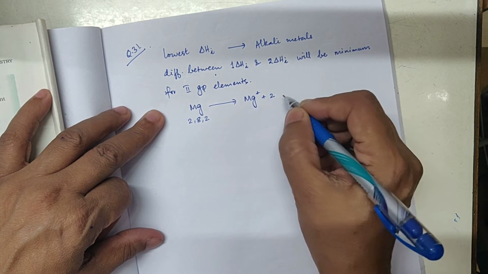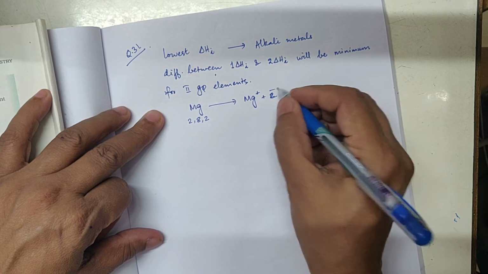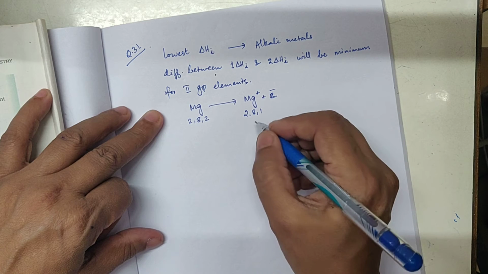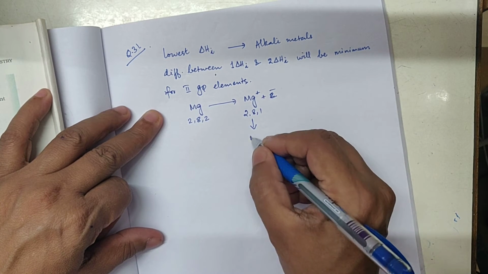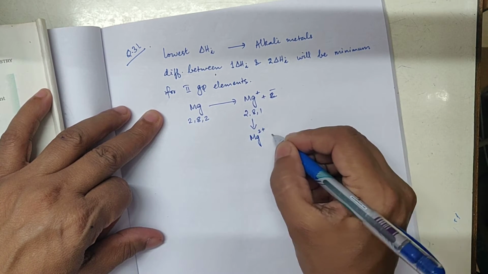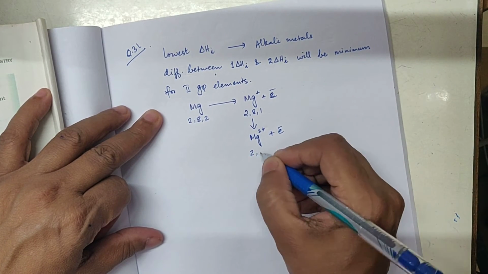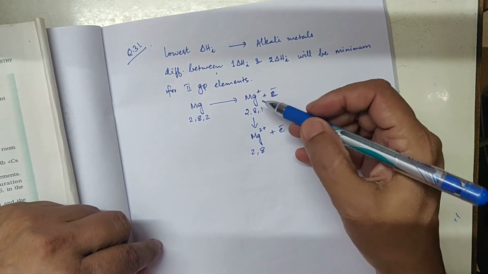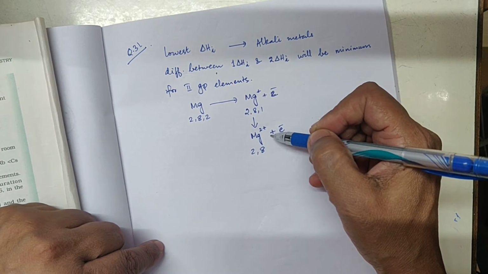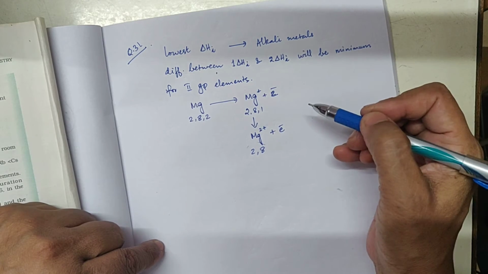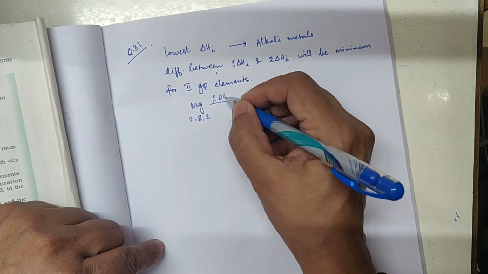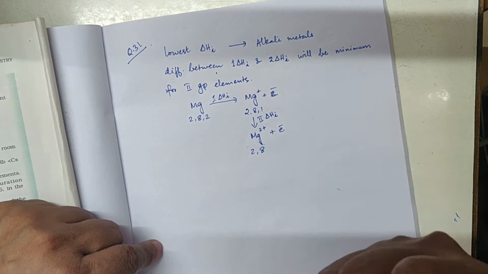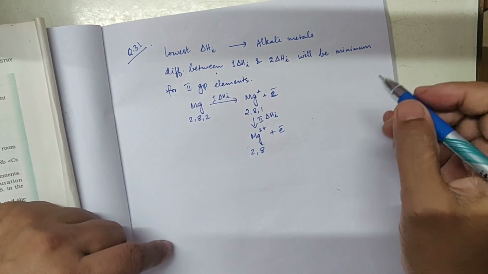After losing one electron, it becomes 2,8,1. It is still having one valence electron. So that Mg plus will lose one more electron to become Mg2 plus to get the configuration of 8. Since Mg plus is unstable, it will lose one more electron to become Mg2 plus, which is getting the stable state. So this is your first ionization enthalpy and this is your second ionization enthalpy or energy.